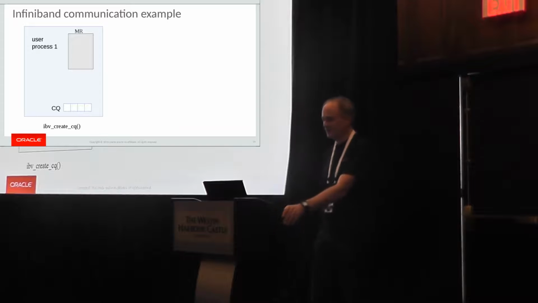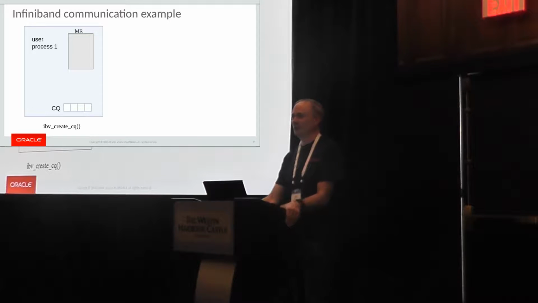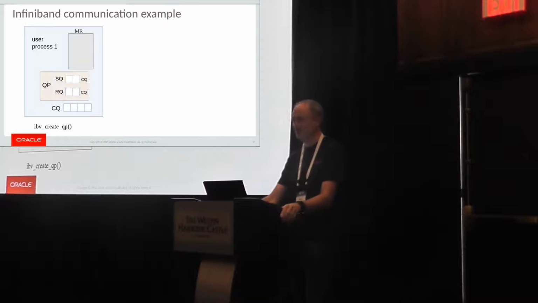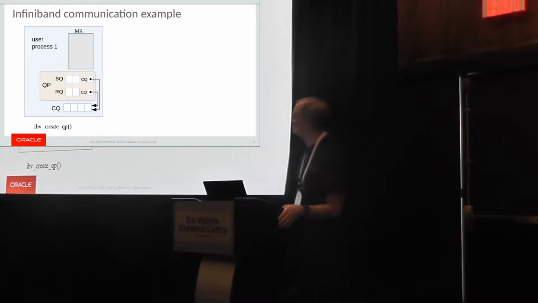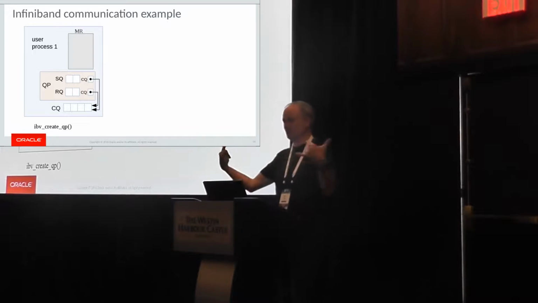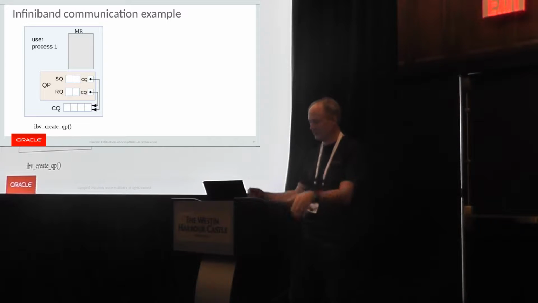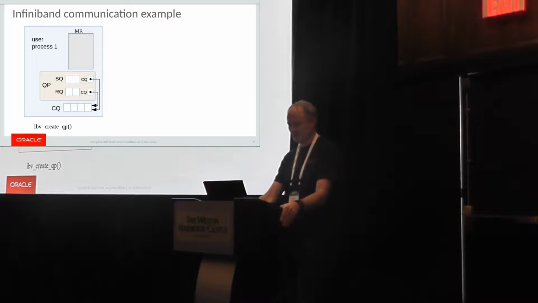And then we typically will need to create a couple of queues. We will have completion queues for completion notifications. We would have queue pairs, which are send queues and receive queues, for the actual communication, for the data going by.